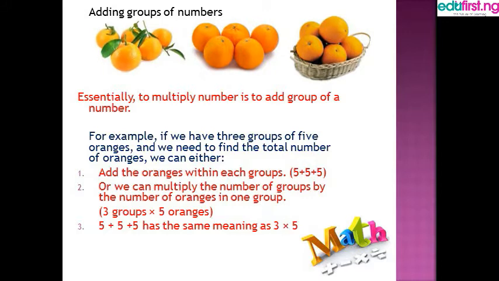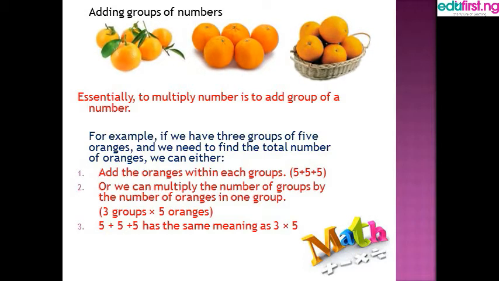For example, if we have three groups of 5 oranges and we need to find the total number of oranges, we can either, number 1, add the oranges within each group. Add the 3 sets of oranges. The first one, 5 plus another 5 plus another 5.